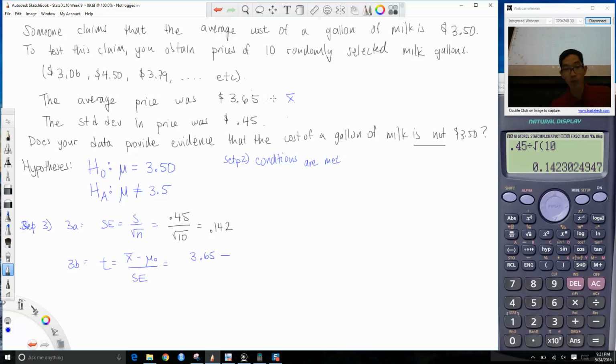So 3.65 is x bar, 0.45 is my s, 3.50 is my mu 0, and 10 is my n. I often recommend labeling each of these numbers so that when you plug them into the formula, you don't accidentally use the wrong number.